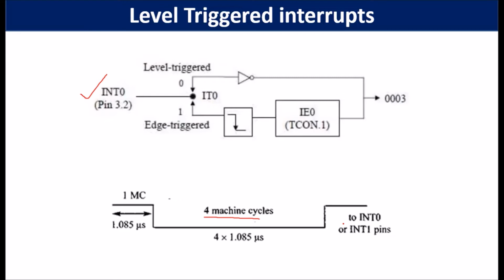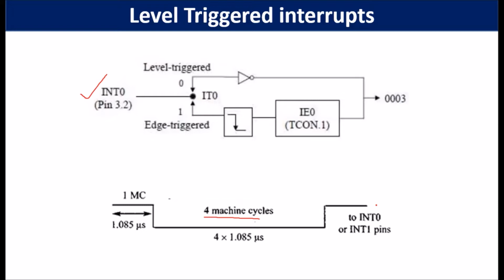Otherwise, the microcontroller will think that a second interrupt has occurred, and it will again go for the interrupt service routine. So before the last instruction, that is the return from interrupt, RETI instruction, this interrupt signal should be pulled to logic 1. Otherwise, the same interrupt will occur again. So this is for the level triggered interrupt.